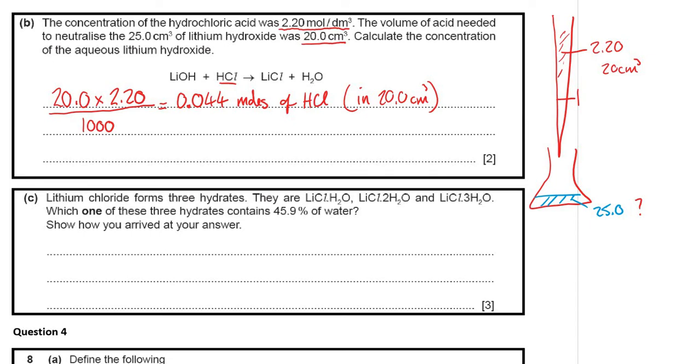Now this one's nice because it's a 1-to-1 reaction, so therefore we know that we've got 0.044 moles of lithium hydroxide in our 25 ml pipetted sample that we started with. So that's no good to us because we want to know the concentration, so we can't stop there, okay?